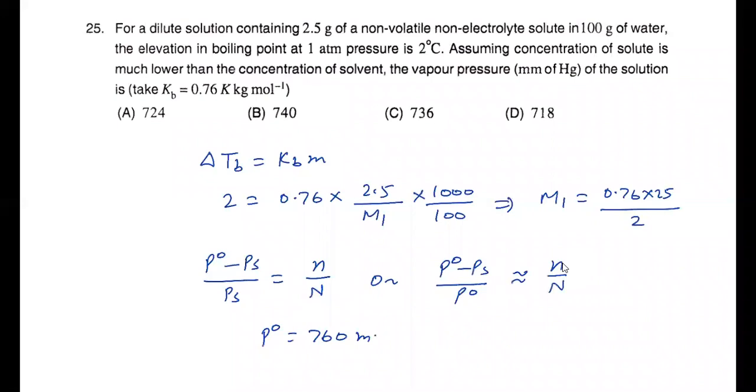So P naught is 760 mm of mercury. Ps you have to find out.